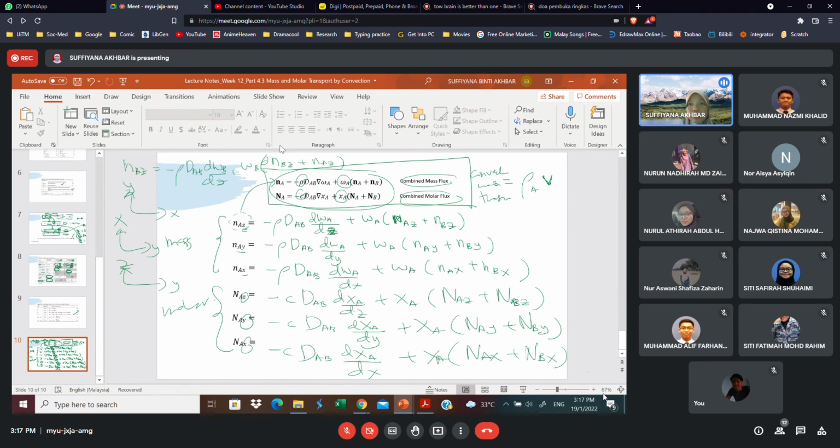This is very important lah. Tak naklah nanti macam MTA, you punya soalan direction you XY, tapi you tulis nanti YZ. Janganlah macam tu. Okay. So this is fundamental. Okay, that's all. I rasa untuk 4.3. So 4.3, the important one, you tahu convective mass transport, and also the combined mass flux and combined molar flux. Okay. So any question?